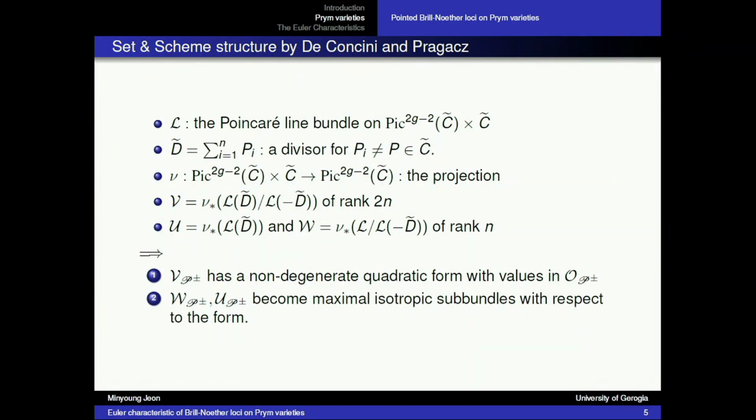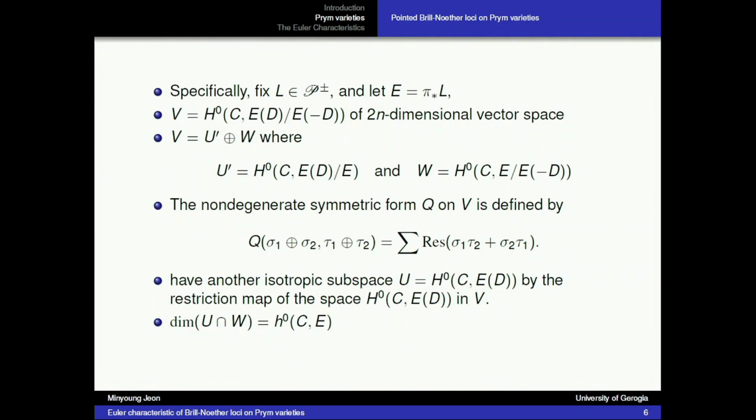They give us a very specific quadratic form given by some residue functions. Given this form, the vector bundles U and W become isotropic, and also the global sections of the line bundle become the intersection of two vector spaces over a point in the Prym variety.